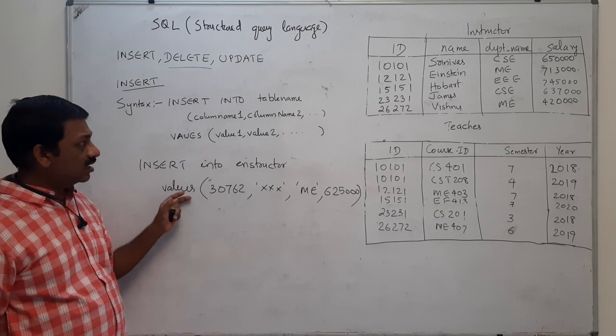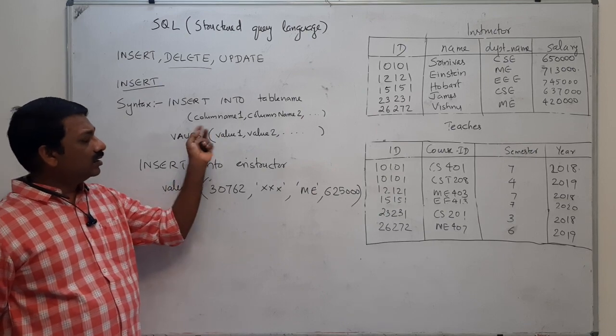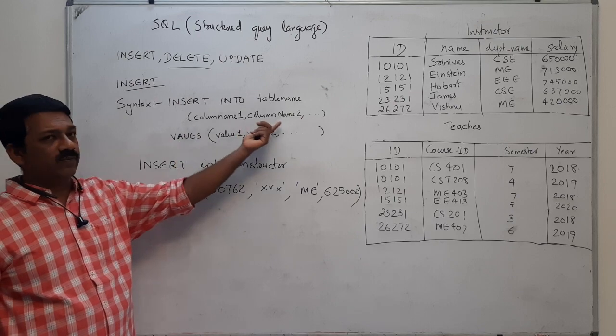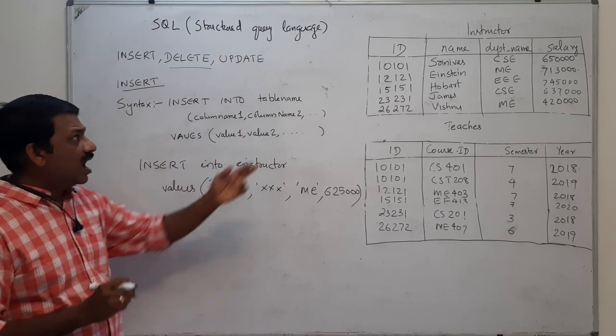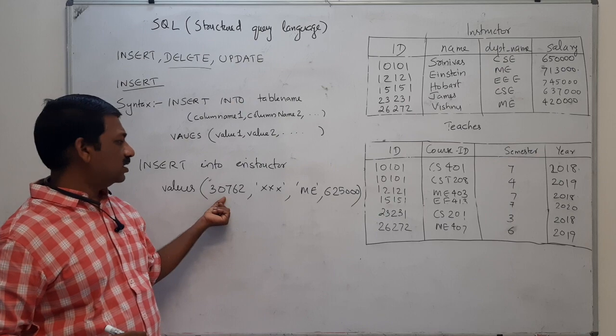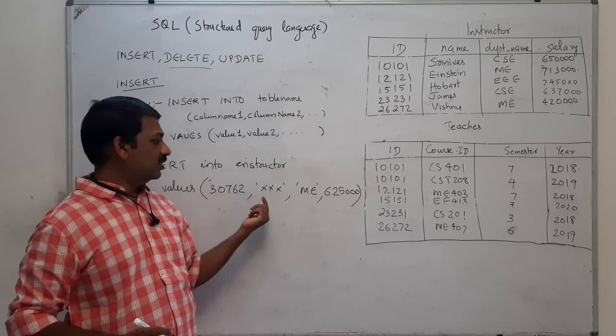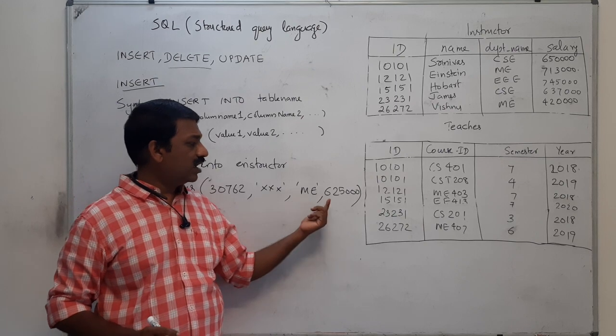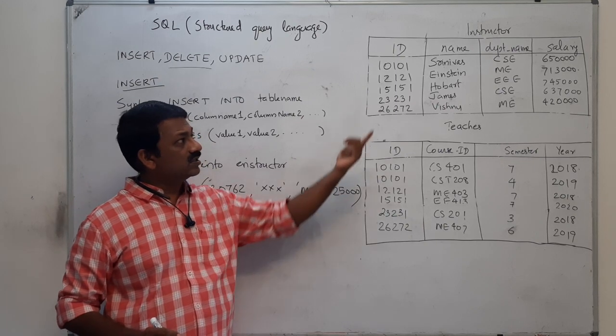Here in this instruction you have not specified these column names. So by default ID equal to 30762, name equal to xxx, then department name is equal to ME, and 6,25,000 is salary.